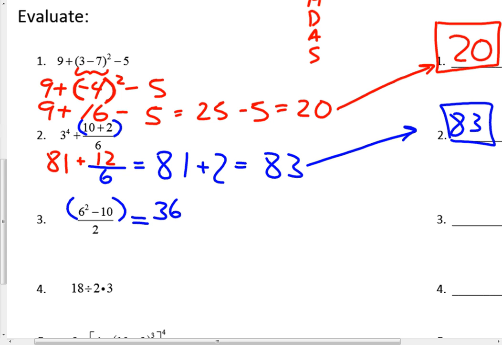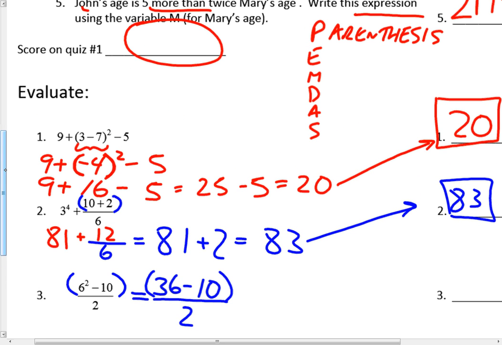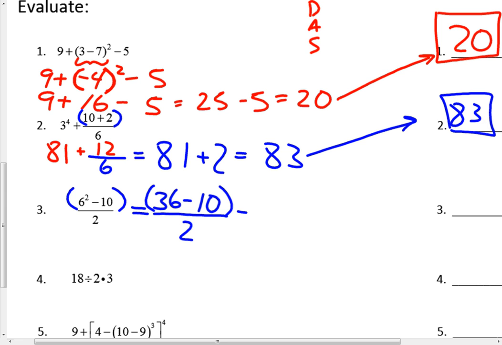So I want 36 first. 6 squared. Powers. If we look at PEMDAS, parentheses, then exponents. Everything else is not as important. Do the top first. 26.